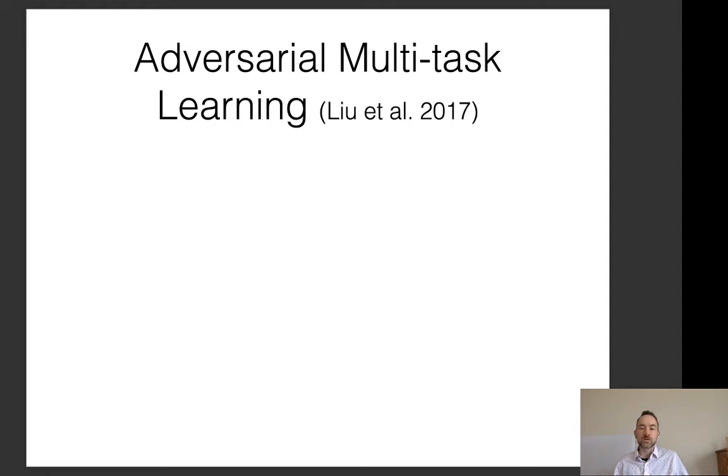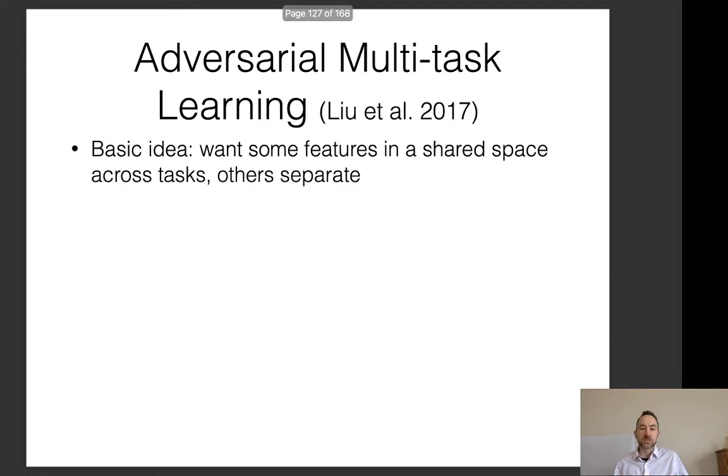Another idea is adversarial multitask learning. So if we want to do multitask learning, when we're doing multiple tasks, the tasks are inherently different, so the features that need to be used are similar in some cases, but also different in other cases.